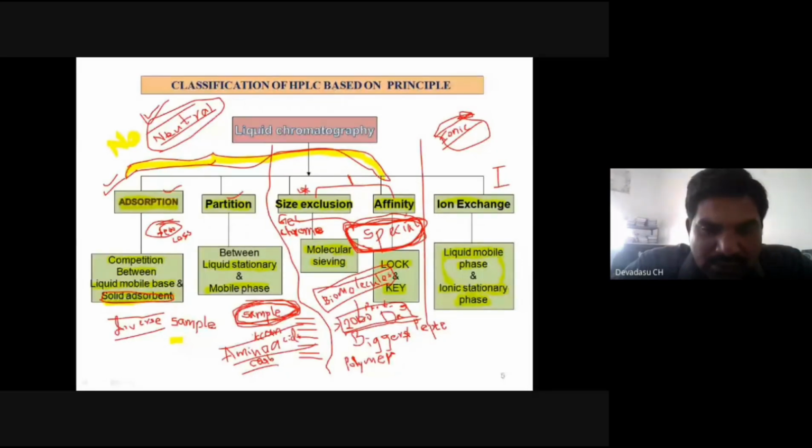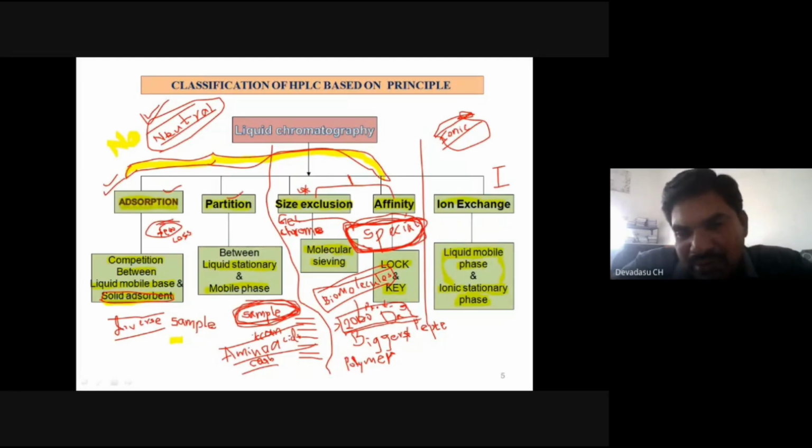And some of the ligands, you might have heard ligands, substrates, enzymes, coenzymes, can be separated by affinity chromatography. The mechanism involved in affinity chromatography is much similar to the lock and key mechanism which is prevalent in biological systems. I have studied the lock and key mechanism, enzyme and substrate theories. Similarly, drug and receptor. Such models obey specificity as well as affinity.